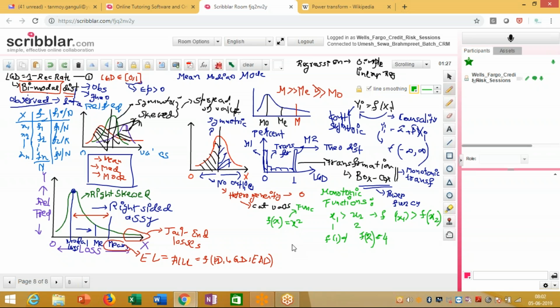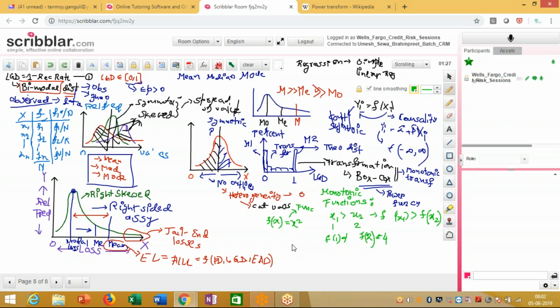However, if the relationship breaks at any stage, then it does not remain a monotonically increasing function. Some of the basic functions in statistics and mathematics have been created so that you can have a proper and clear understanding of monotonicity.